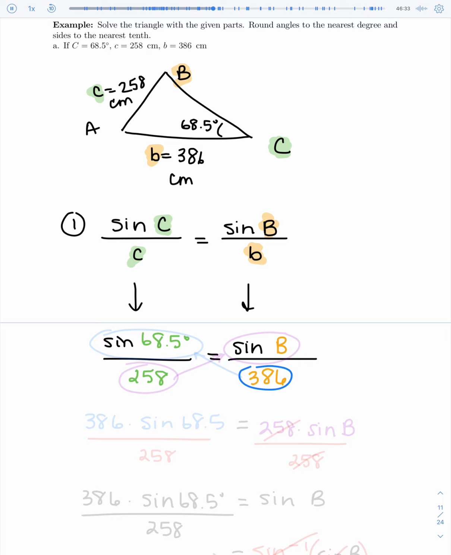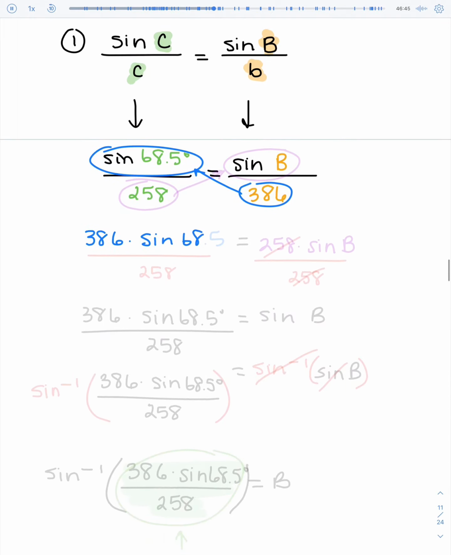So we'll cross multiply the 386 to the sine of 68.5. So 386 times sine of 68.5 equals, and on the other side we'll do the other cross multiplication, which is 258 times sine of B. And so the next thing that we'd want to do is get sine of B by itself by dividing both sides by 258.